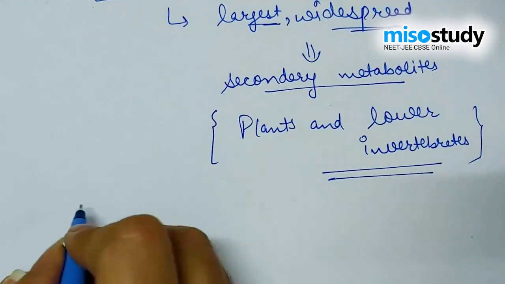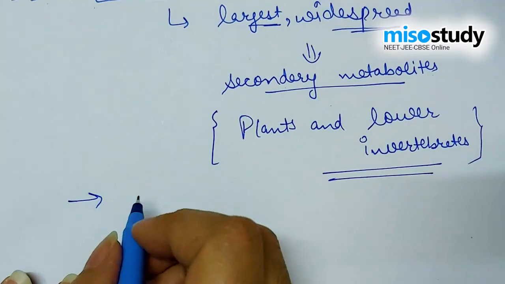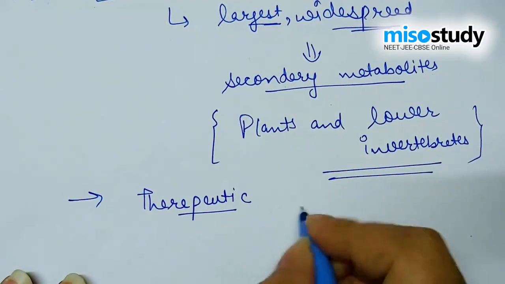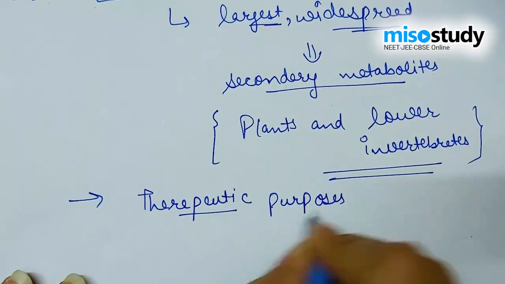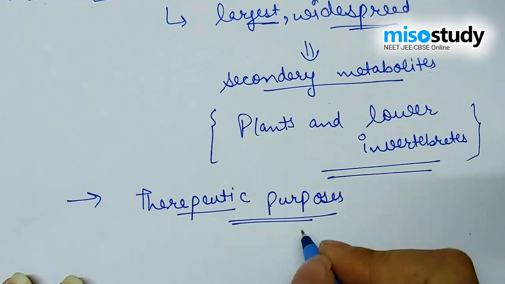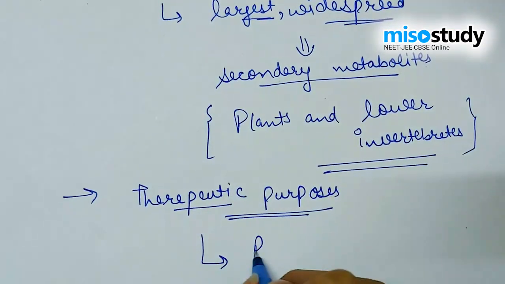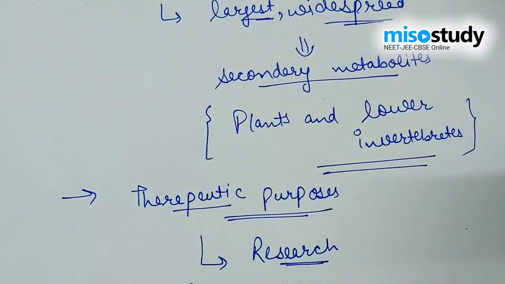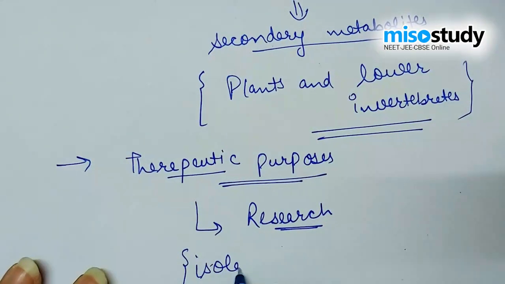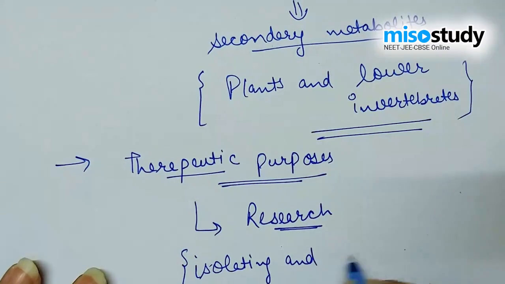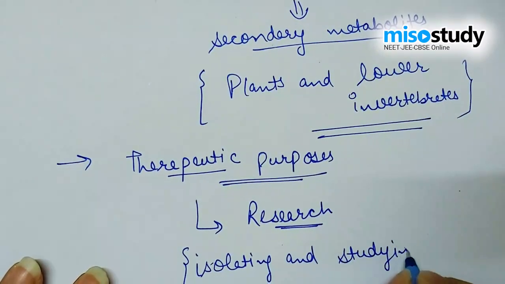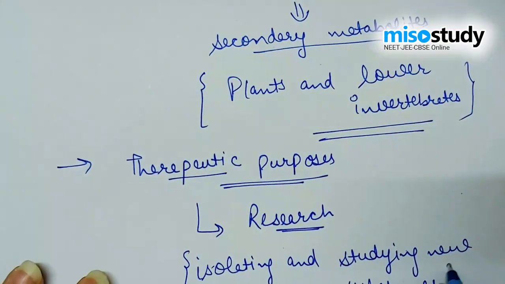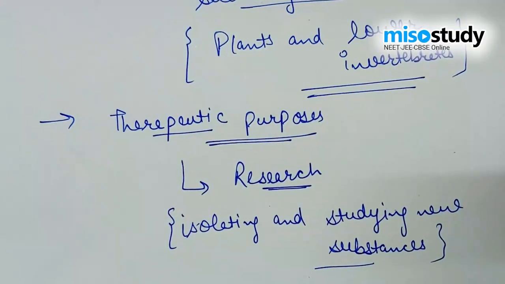As we discuss the terpenoids, they have been used for therapeutic purposes for centuries, but in recent decades they are used for research, in isolating and studying new substances.